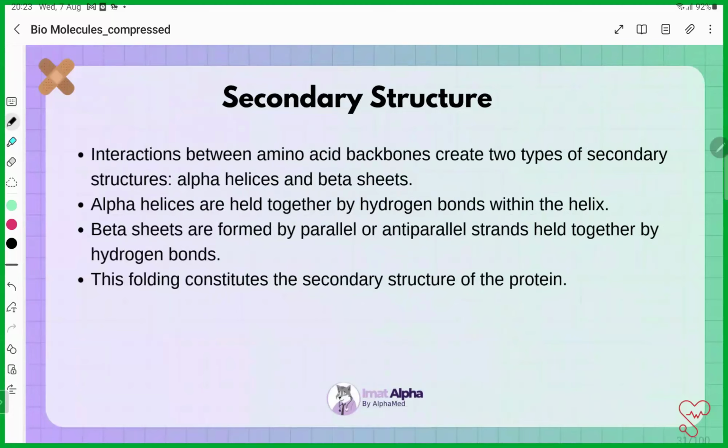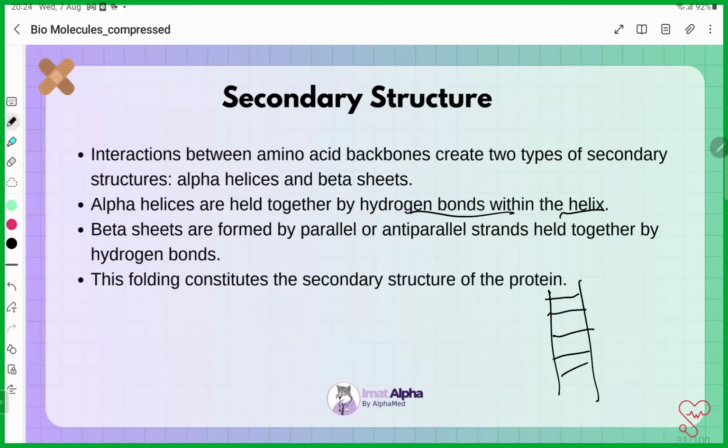Secondary structure: interaction between amino acid backbones. Two types of secondary structures, alpha helices and beta sheets. Alpha helices are held together by hydrogen bonds within the helix. And I want you to know, guys, that each time you see the word helix in biology, remember the DNA, as we said before, that we have hydrogen bonds between the bases.